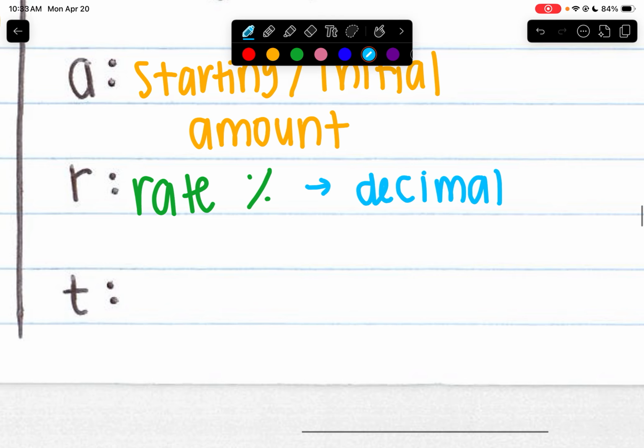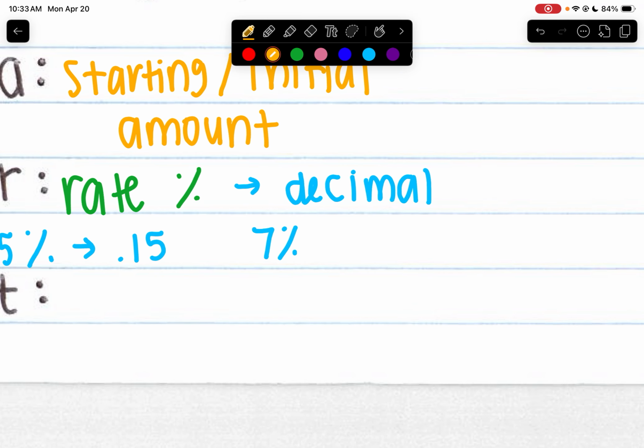So we're going to do some examples here. Let's say I have 15%. I want to turn that to a decimal. There are two ways. You can either move the decimal place to the left 2, or you can just divide by 100 in the calculator. So 15%, the decimal would be here, so I'd move it over to the left 2, and that would be 0.15. If I have, let's say, 7%, the decimal is here, and if I move it over 2, the decimal will be here now, and so you want to add that extra 0.